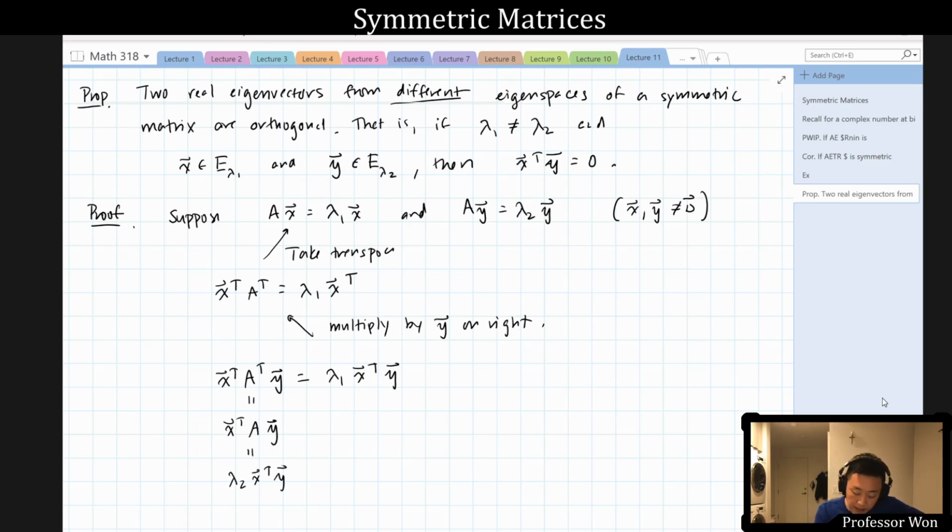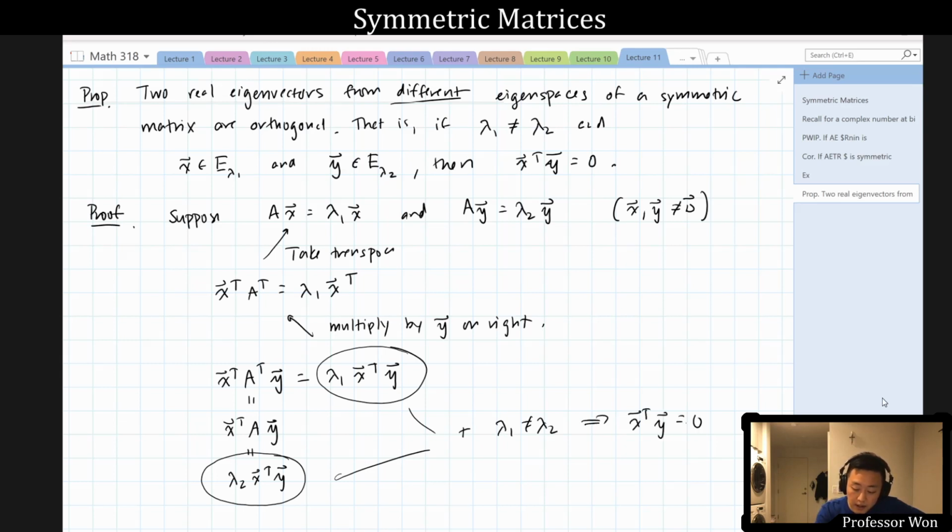And now we have this is equal to this, and lambda 1 is not equal to lambda 2. That means that x transpose y must be 0. So x and y are orthogonal.